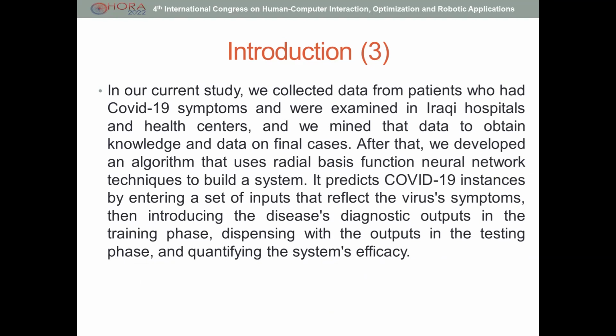After that, we developed an algorithm that uses the radial basis function neural network technique to build a system. It predicts COVID-19 by entering a set of inputs that reflect the virus, then introducing the disease output in the training phase.